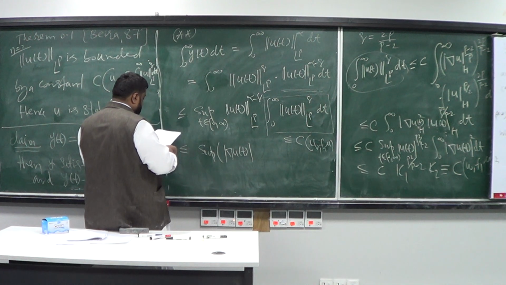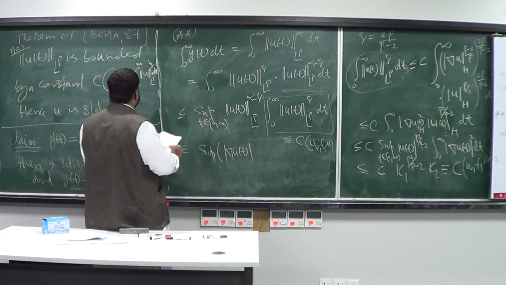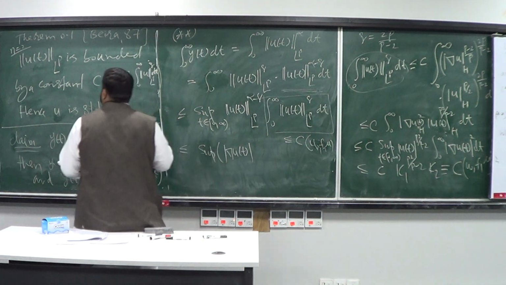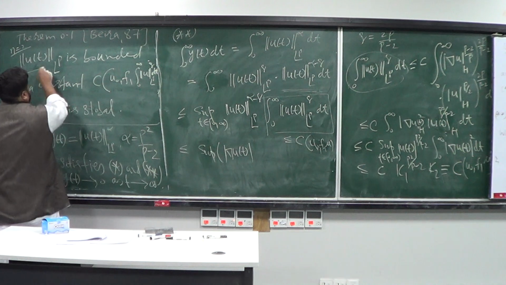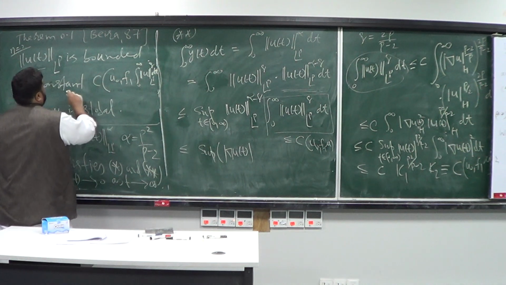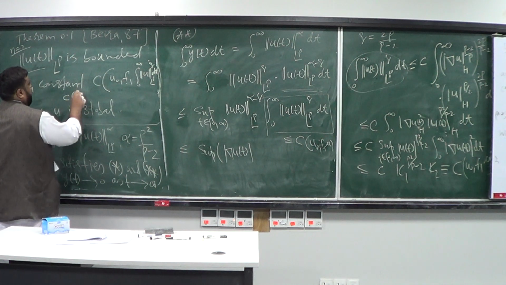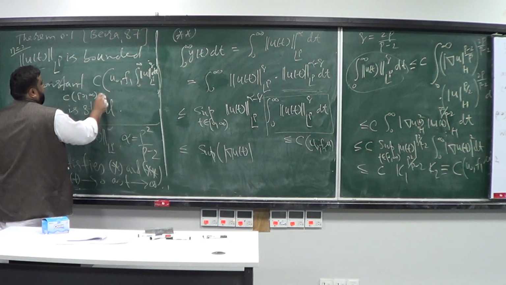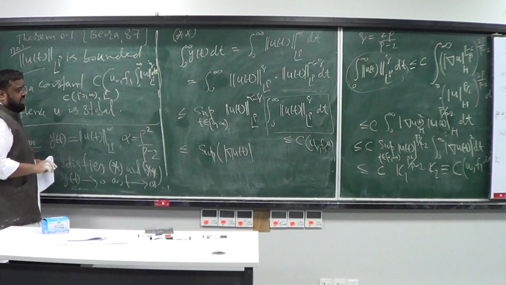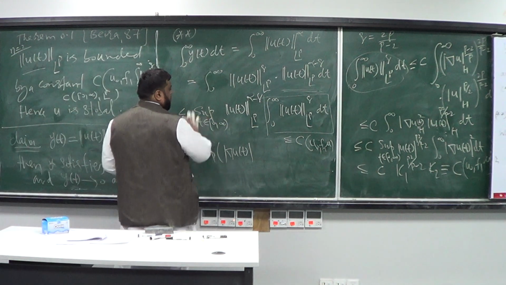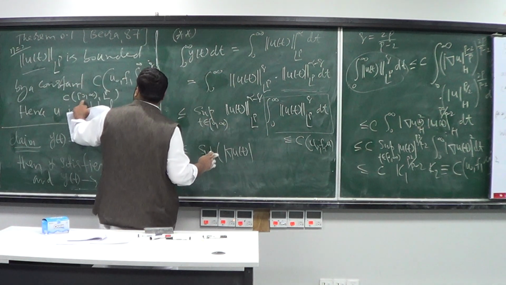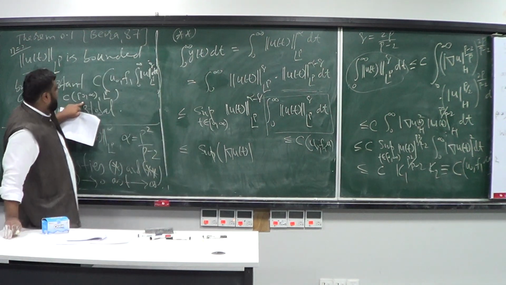But actually I don't need to apply that inequality, since I know that u of t is uniformly bounded in the space C 0 to infinity LP, so it is bounded by definition.